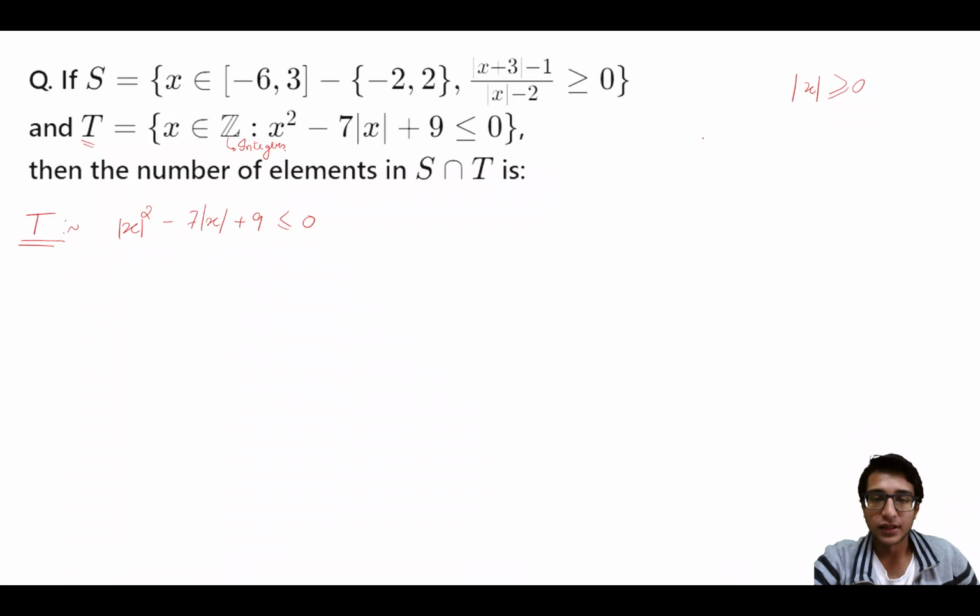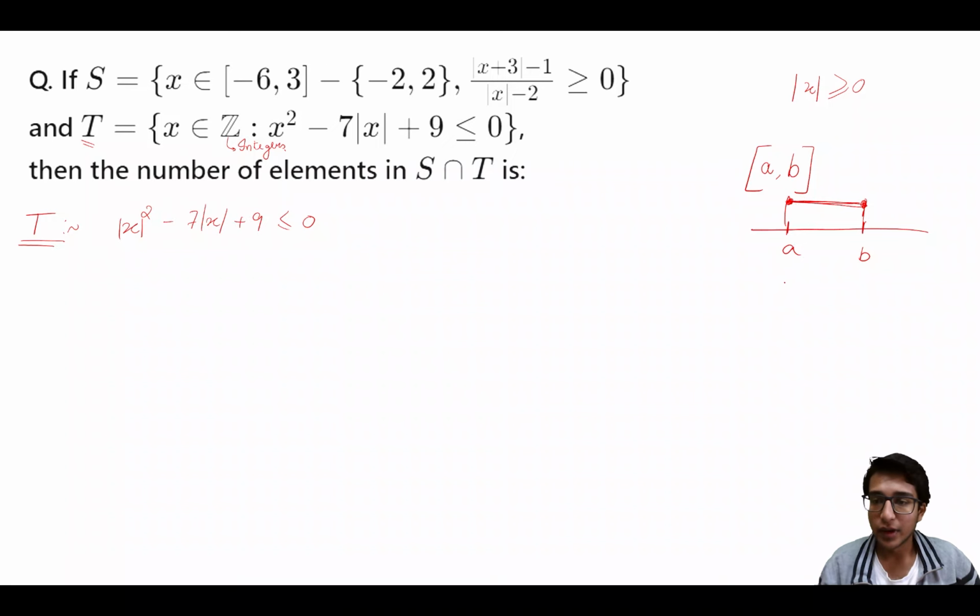And one more thing, just a reminder, I hope you all know what this means. Let's say if I have [A, B], that means I'm considering each and every value. Let's say this is my number line, here I have A, here I have B. That means I'm considering each and every element from A to B, and I'm including A and B as well.